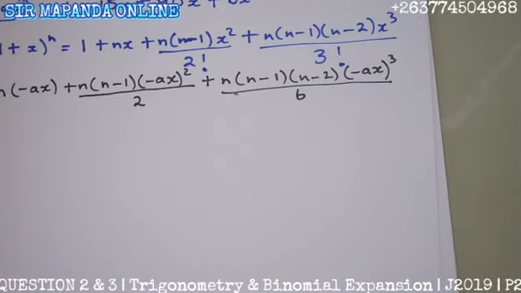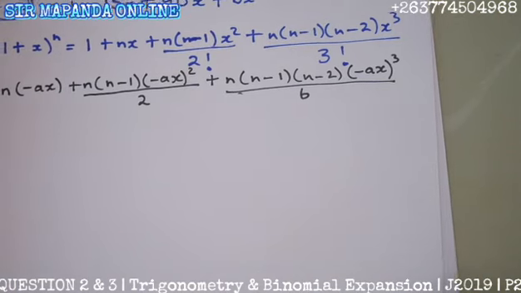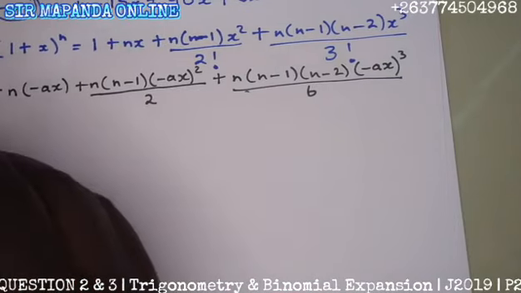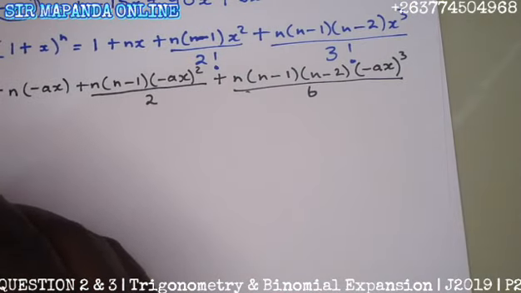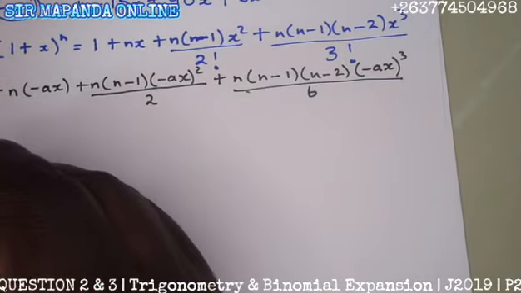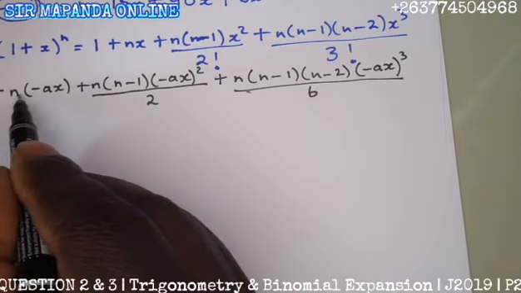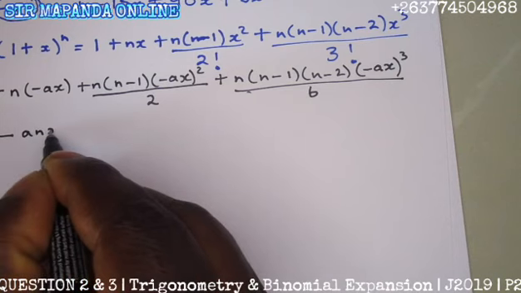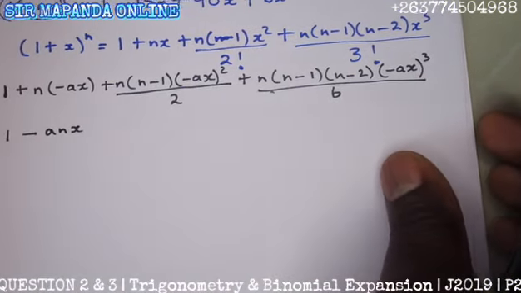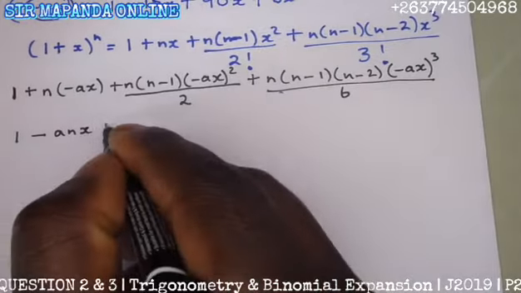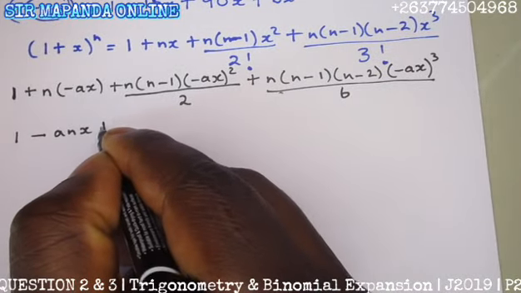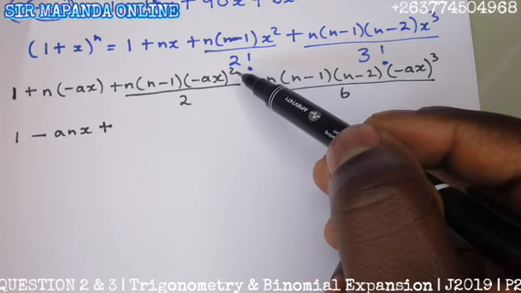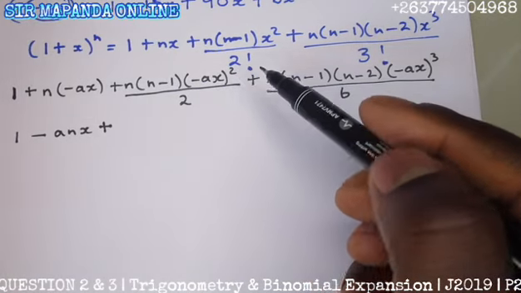Right. So I'm going to equate the coefficients. So let me start by simplifying this. You get 1. n times minus ax, you get minus anx, something like this. Then you write plus. Remember, if you raise a negative number with an even power, the negative sign disappears.